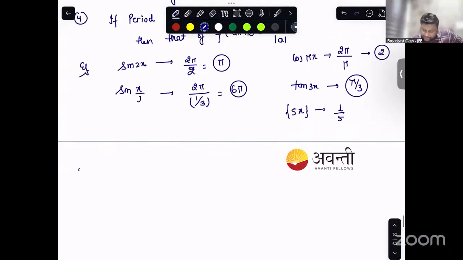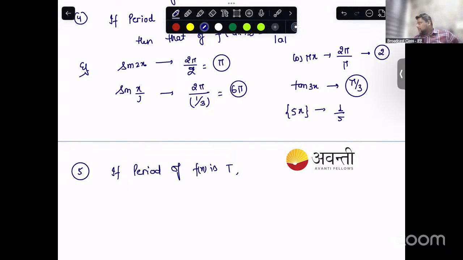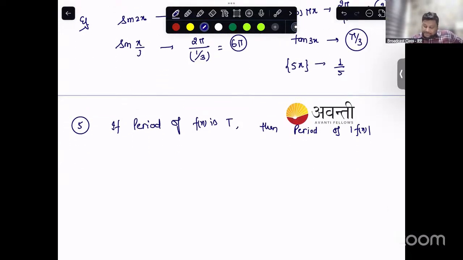Now, property number 5. If the period of f(x) is T, then the period of mod f(x) does not have any generalized form, so it can be anything.